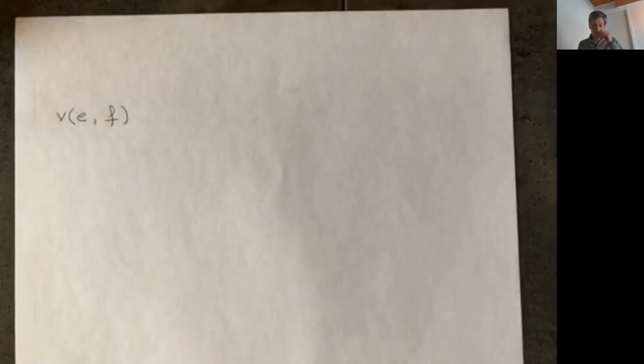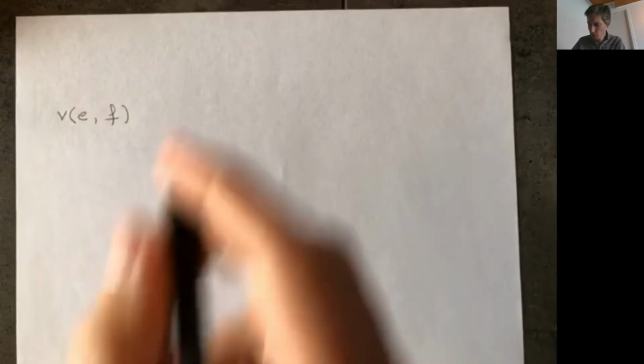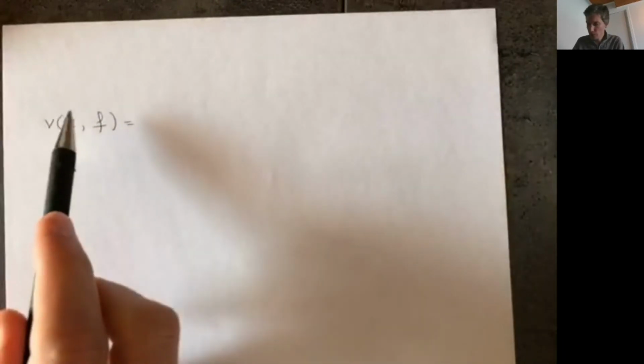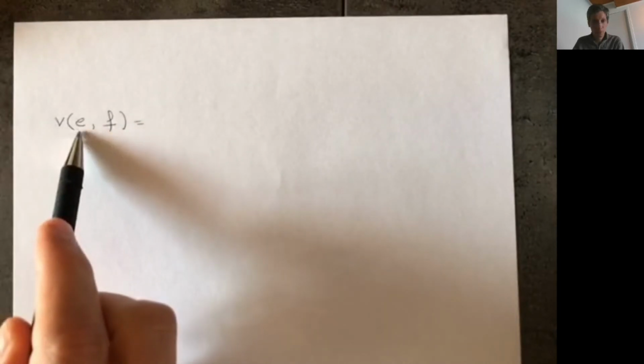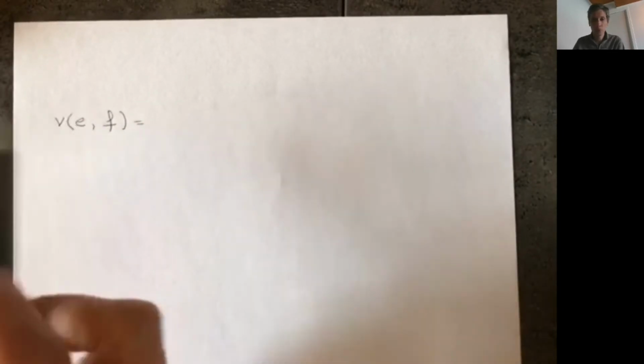Okay, so we're going to write this as a Bellman equation, as you always do, right? So we have a value function that depends on the number of eggs, let's say, and the number of floors that we have in our building. Okay, and we're going to try to write this as a recursive equation with maybe a fewer number of eggs and a fewer number of floors.